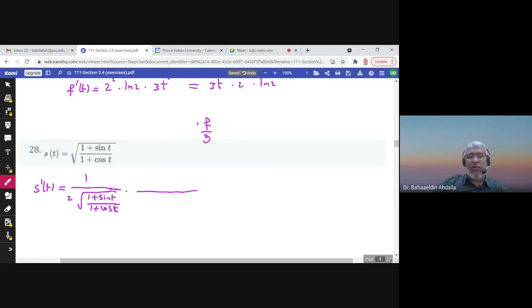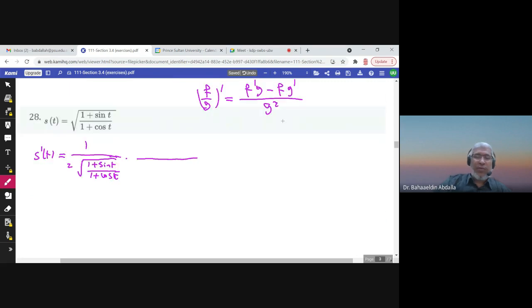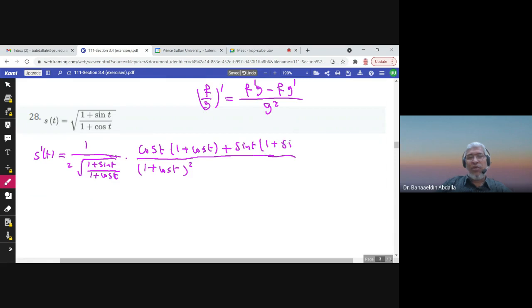Remember the quotient rule: the denominator squared, f prime g minus f g prime. So 1 plus cosine t to the power 2. And the derivative of 1 plus sine t is cosine t times 1 plus cosine t, minus the derivative of cosine t, which is negative sine, so it would be positive, sine t times 1 plus sine t.